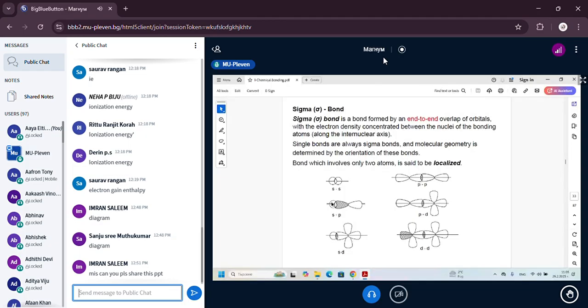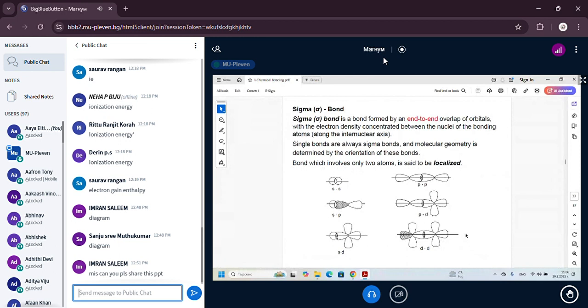S and p atomic orbital, again overlapping end-to-end. Sigma bond can be between p atomic orbital and d atomic orbital, between s atomic orbital and d atomic orbital, or between two d atomic orbitals.